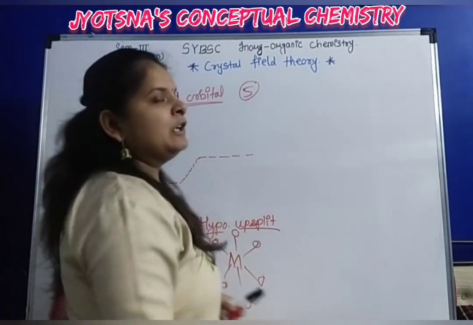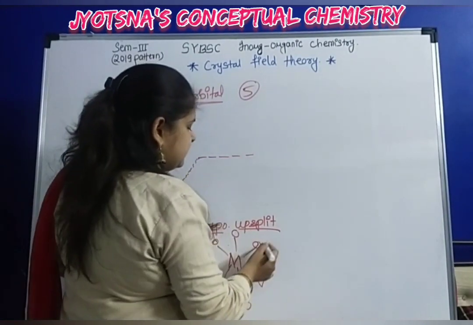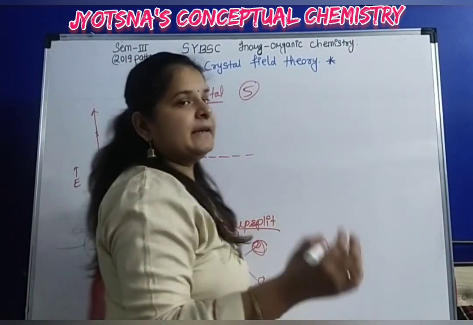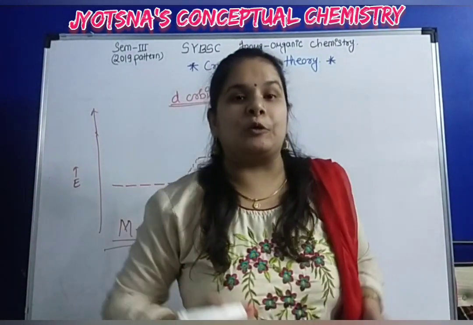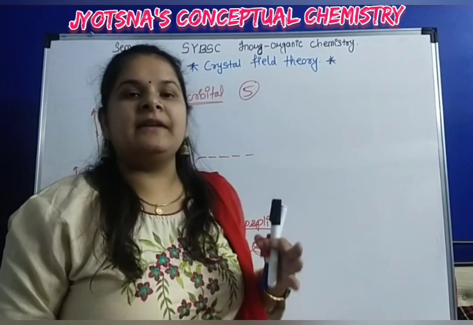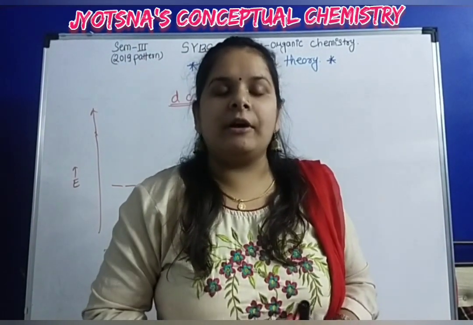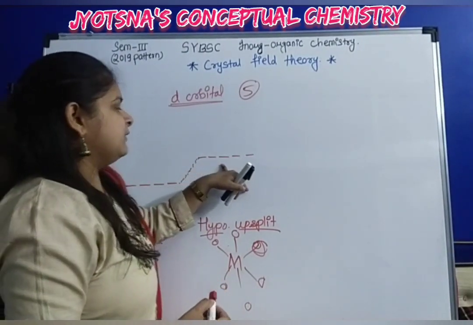This we are studying for the octahedral complexes. At this time the ligands are approaching, but they have not yet reached the metal. When the ligands approach the metal, what happens?